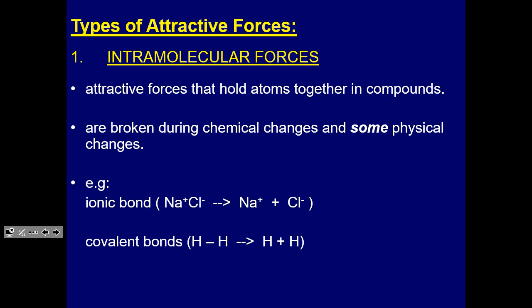Ionic bonding. And then covalent bonds, and that's what we've done all the way up to this point. Sigma bonds, pi bonds, hybridization, covalent bonds. So we've learned great detail about intramolecular forces that happen within or inside a molecule.